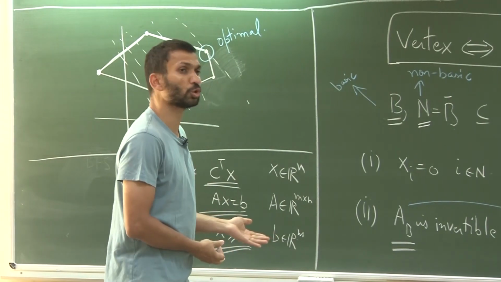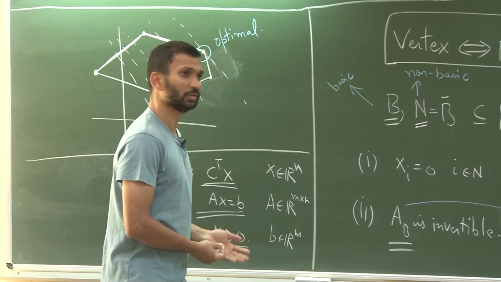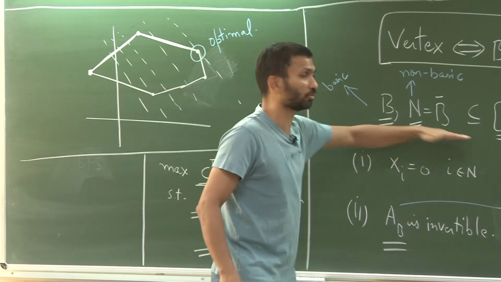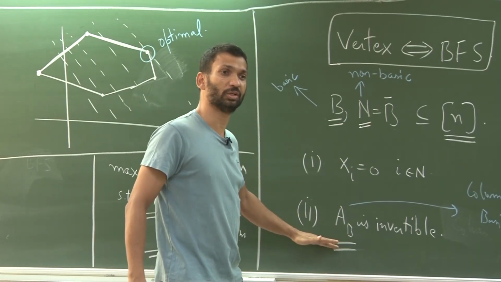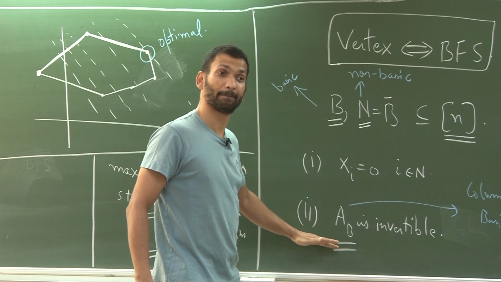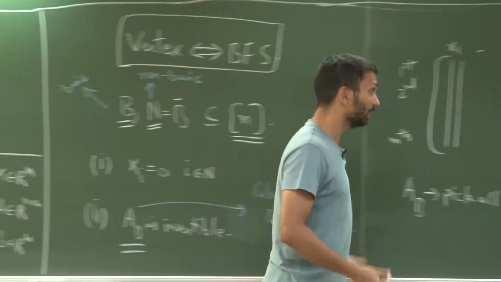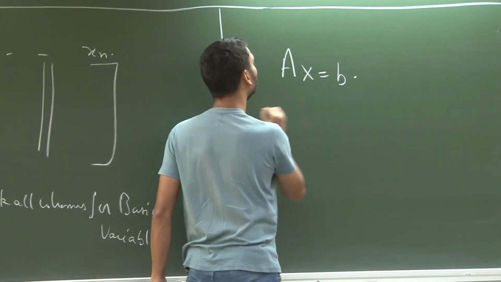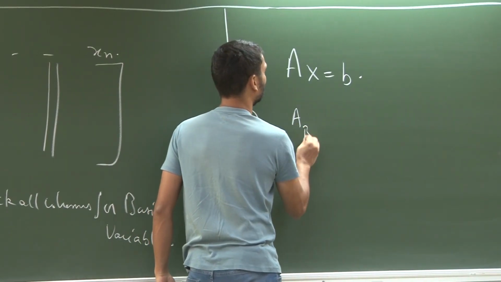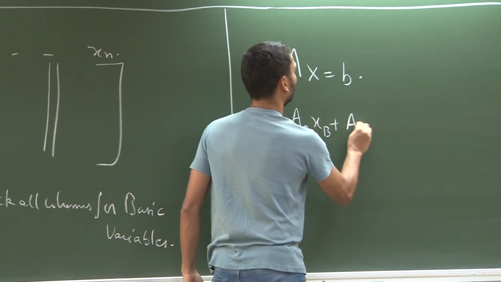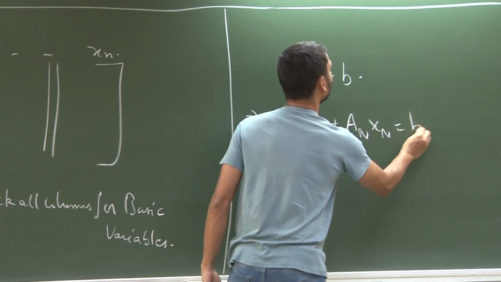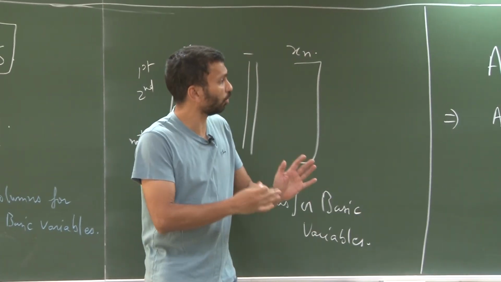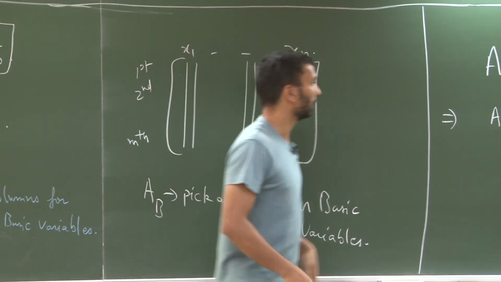You might ask, there is no solution here, there is no x here, right? I talked about a basic feasible solution, but I'm just giving you a subset of n. But we do have a solution here. Why? Since A_B is invertible, I know Ax is equal to b. This is by the definition of matrix multiplication, just how we multiply a matrix and a vector.